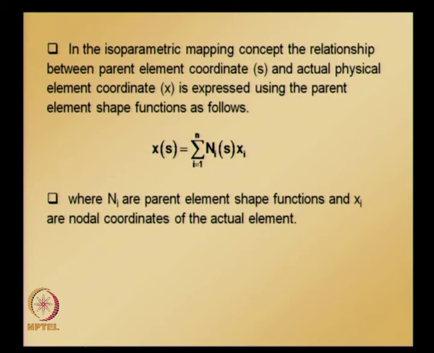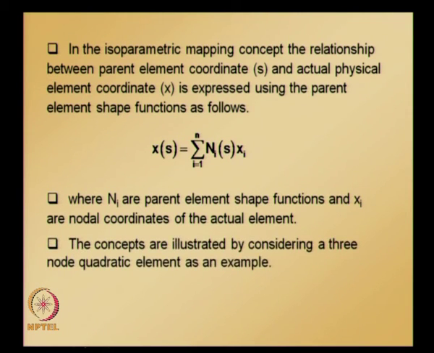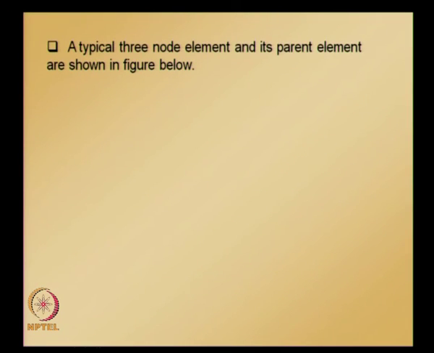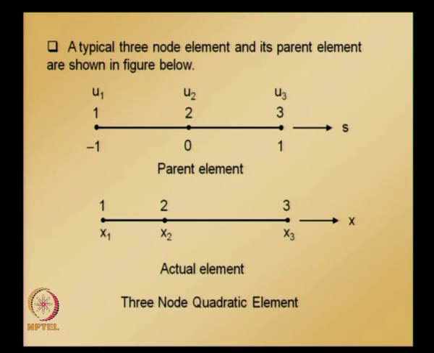The application of this formula and these concepts is illustrated by considering a 3 node quadratic element as an example. So, now let us take a typical 3 node element like this. This is the same as what you have seen a few minutes back, reproduced here.